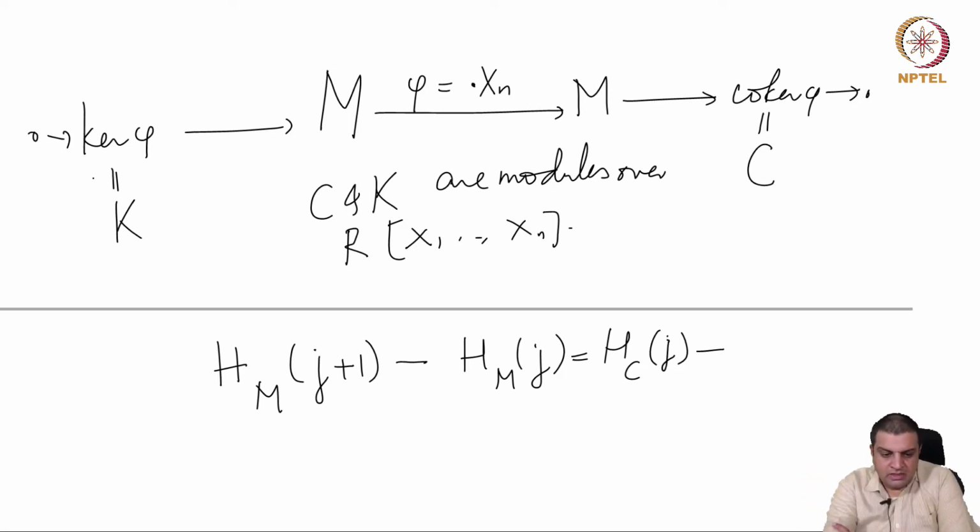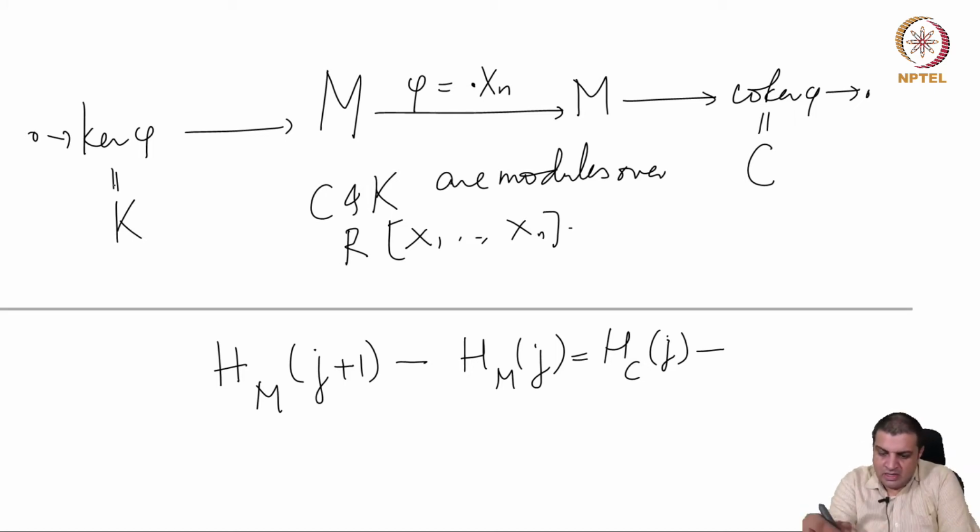So here there's a degree j part of this, degree j part of this, degree j plus 1 part of this, and degree j part of this. In that sequence, all kernels are equal to the images of the previous map, and hence the sum will alternate, and the alternating sum would be 0. So we are taking the length of this minus this plus this equal to 0.